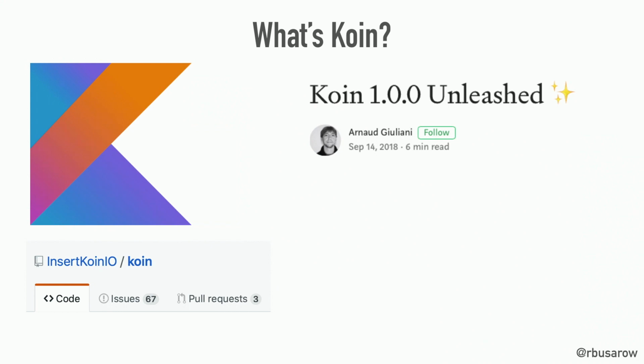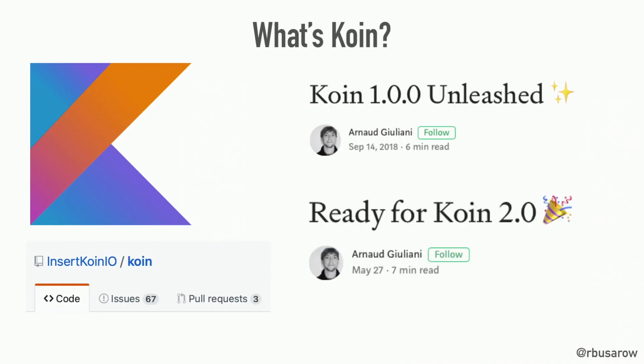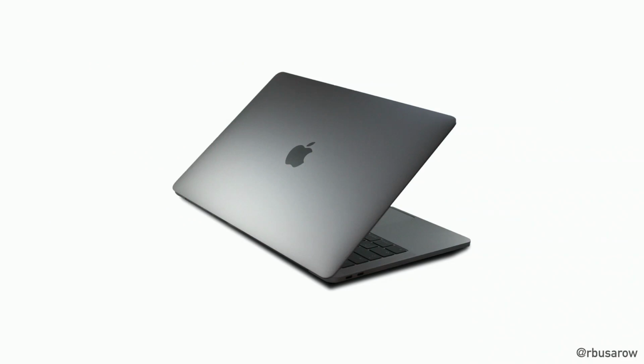So 1.0 came out a little over a year ago. The author is Arnaud Giuliani. He's an Android developer, and decided that there's something better that we can do with just Kotlin to move away from Dagger. So he wrote this. It came out a year ago. And then just a few months ago, which is what triggered, I think, a lot of the revised talk about it, 2.0 came out in May.